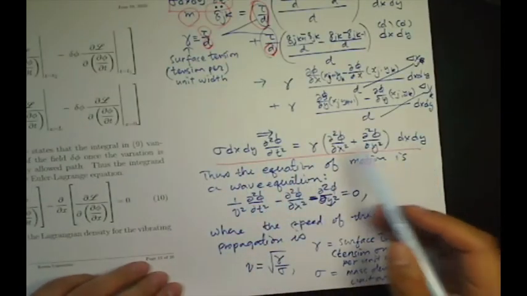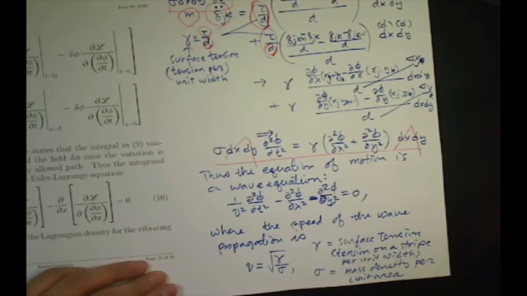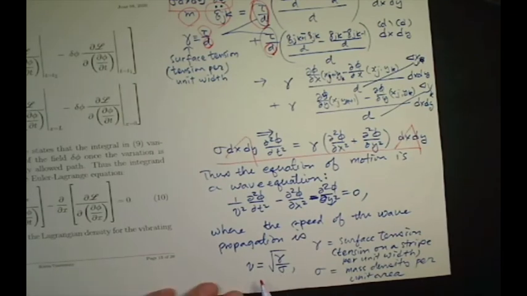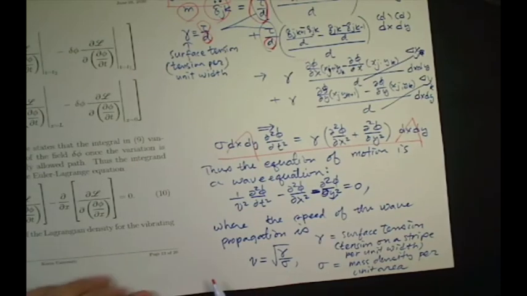Therefore, our equation of motion reduces into this form, and let us divide by this dx dy to find out the equation of motion. And in here, in the case of surface wave, the speed of wave propagation is not tau over rho.